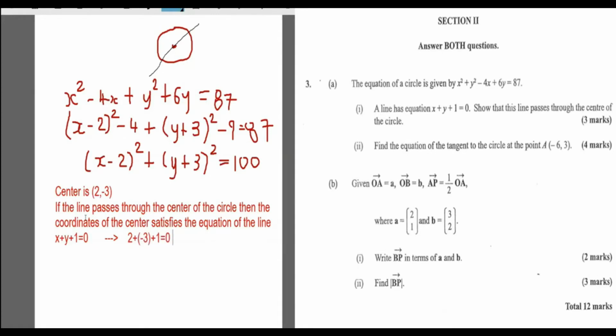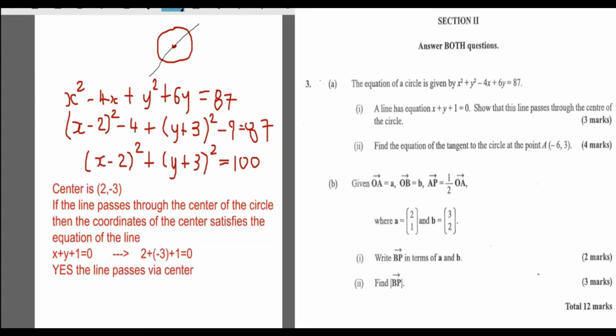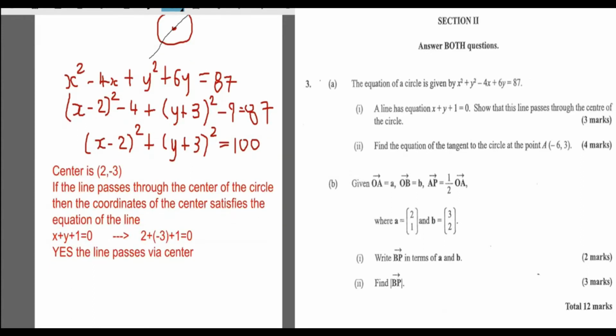So yes, we can conclude that the line passes through the center. So the line does pass through the center of the circle. We're finished with that now. Nice and easy. Now let's look at the second part.